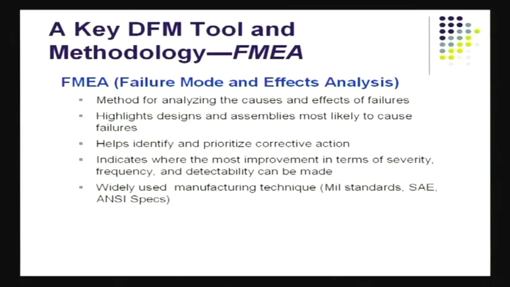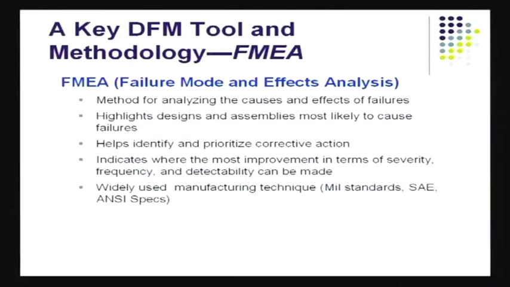With this, you try to find out the seriousness of the problem itself, and you work out something that I'm going to tell you about later, called the RPN, or the risk priority number. This helps you prioritize the different actions.